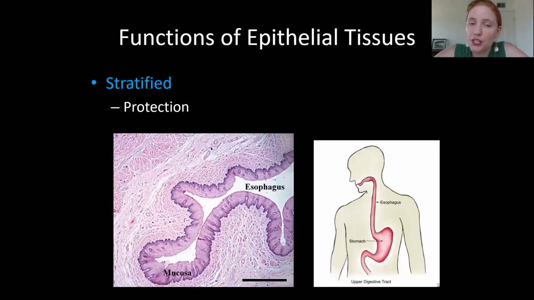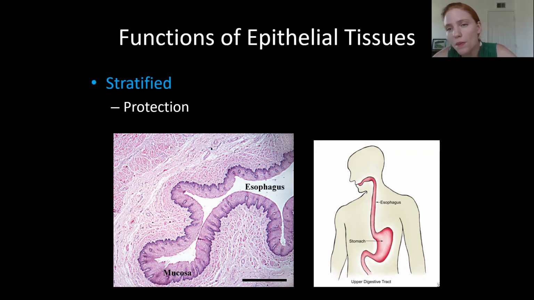Whereas stratified means lots of layers. Okay, so it means two or more, but usually it means lots of layers. Okay, so for example, here's the esophagus. The esophagus is the soft tube that takes food down into the stomach. Now the esophagus doesn't do any kind of secretion of anything.